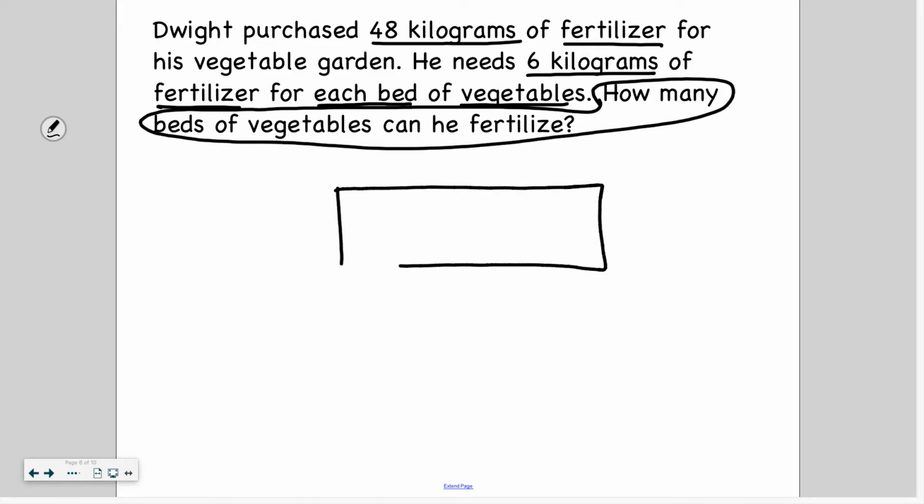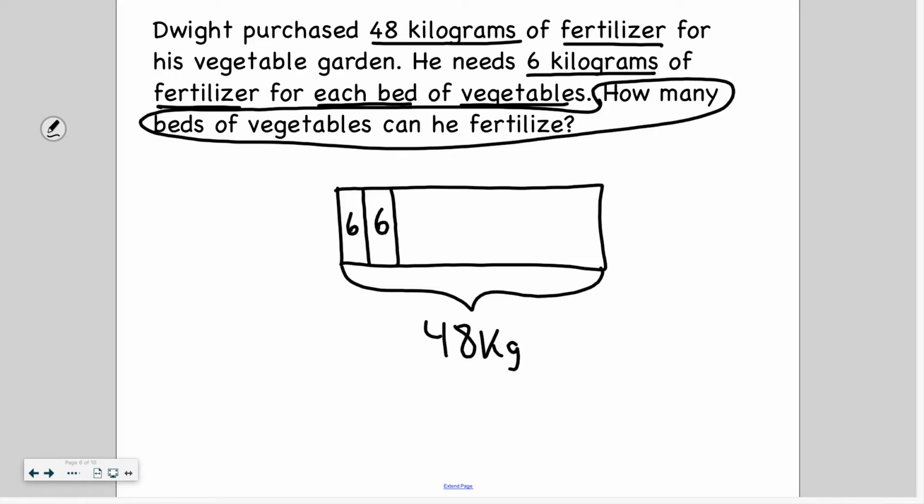I know that he has a total of 48 kilograms of fertilizer, and I know that he needs 6 kilograms for each bed. So I don't know how many beds, so I can't split and make my groups, but I know that each group is going to be 6 kilograms of fertilizer. So I can start by splitting this. This is 6 kilograms. So I can split again until I use up all 48 kilograms.